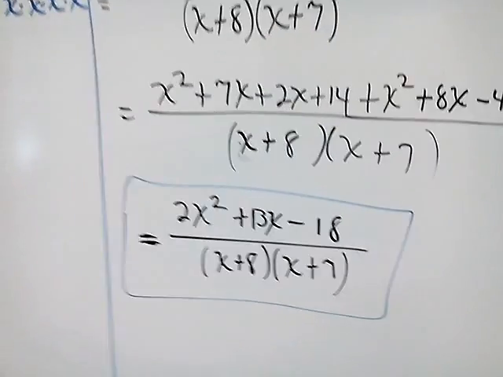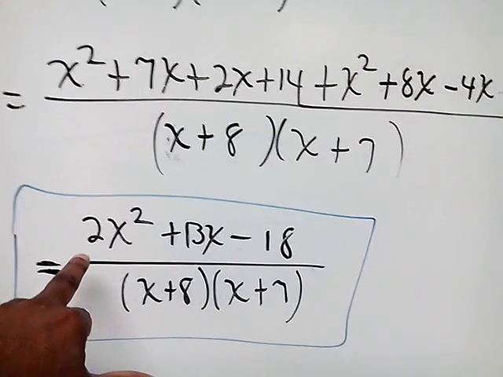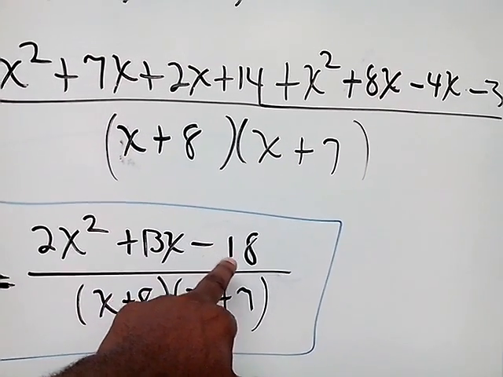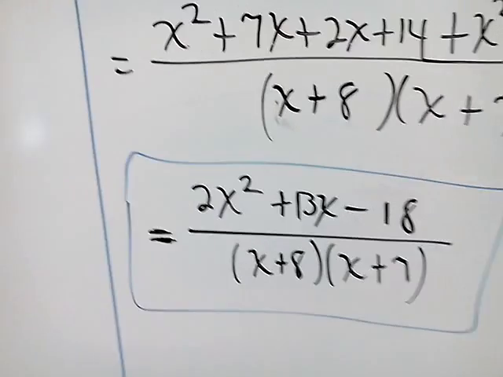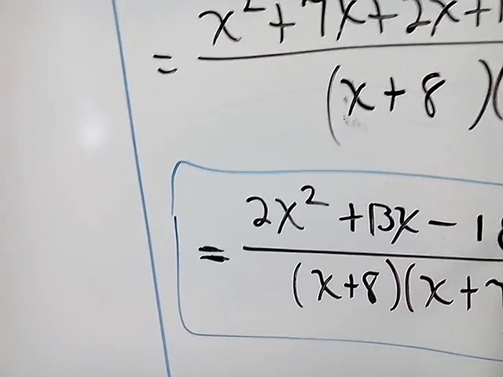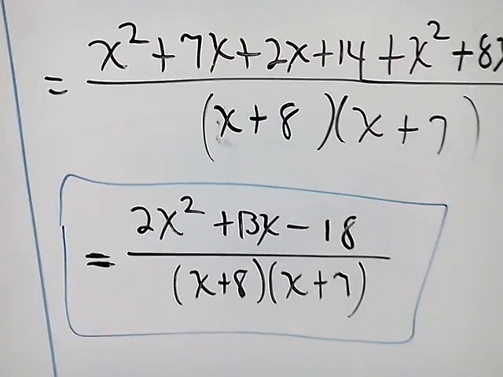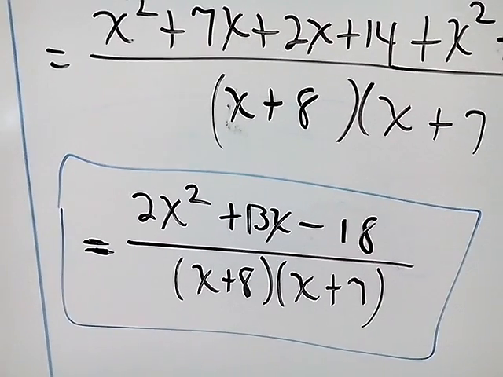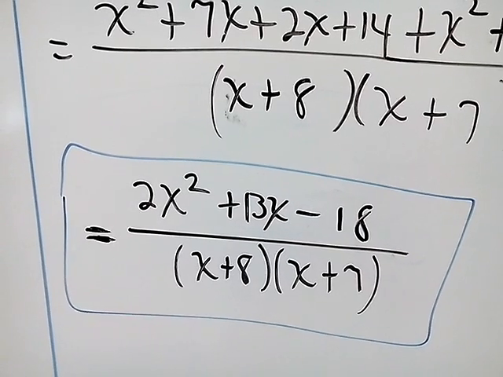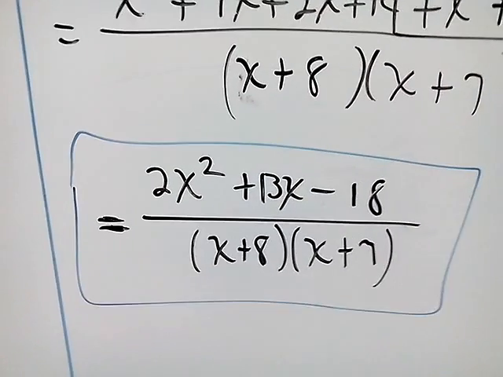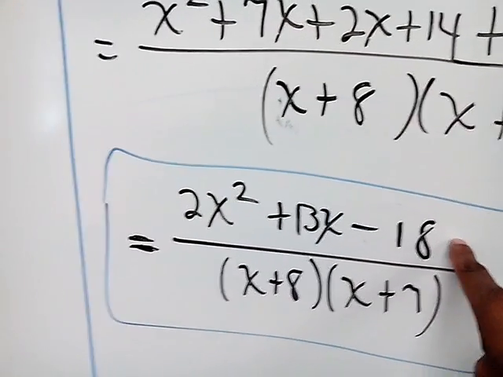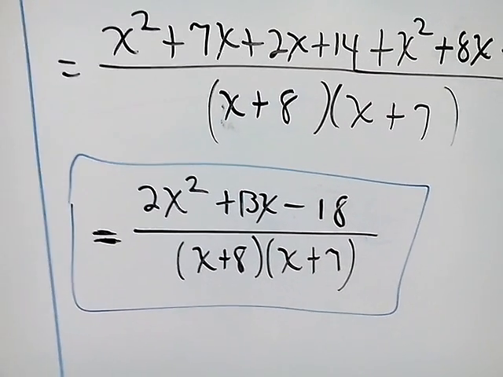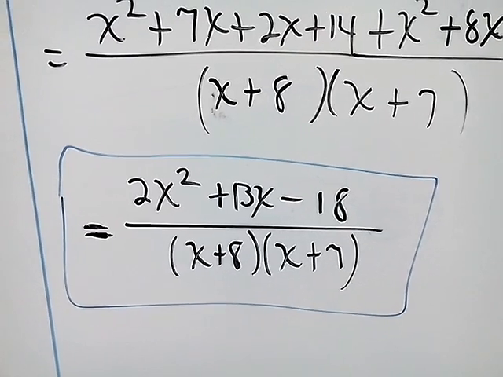When we combine the like terms, it turns out to be 2x squared plus 13x minus 18. We should also try to factor the top part of the fraction to see if we can cancel anything. But the top part doesn't factor, so we can't do anything further with that. And this is as far as we can go.